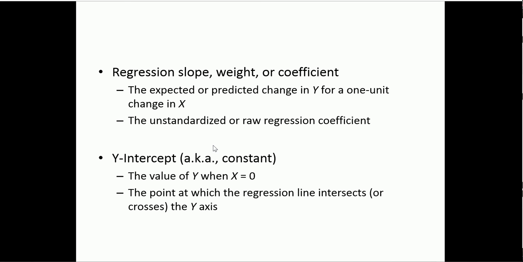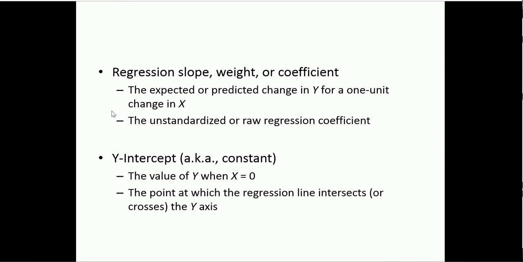All right, so just to reiterate a little bit, the regression slope, sometimes called weight or coefficient, can be standardized or unstandardized, but for now we'll talk about unstandardized. The unstandardized is basically the expected or predicted change in Y, the outcome, or the criterion, for a 1 unit change in X. So every time X goes up, how much is Y expected to go up, or down if it's got a negative sign.